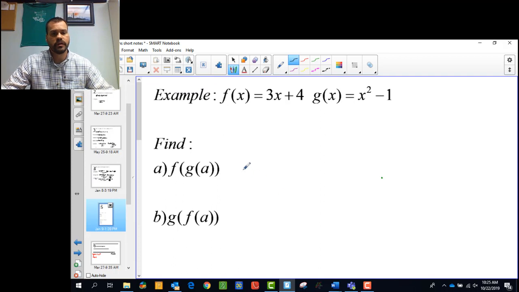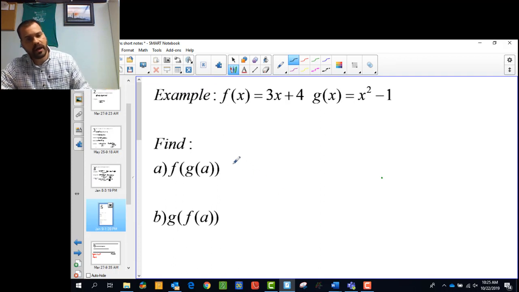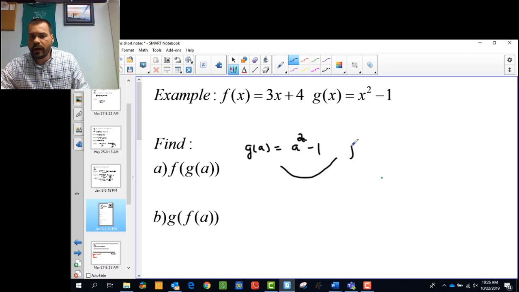Okay, so here's another example. It says find f of g of a. Well, we have to first find g of a. Well, what's g of a? It's just a replacing x, so it becomes a squared minus 1. And then that gets put into f. So we want now f of a squared minus 1.